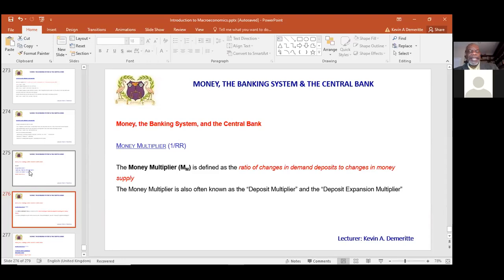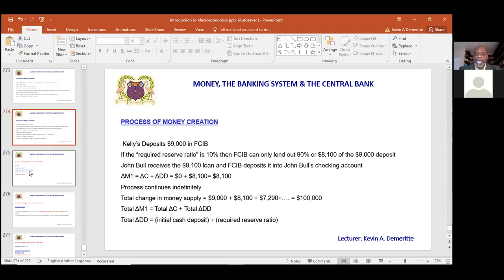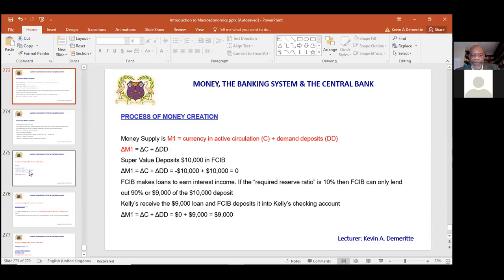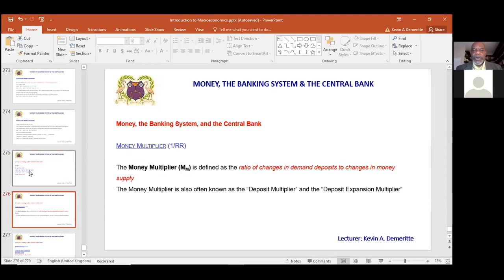What we saw previously was a change in demand deposits of 10,000. That was the original deposit from SuperValue. When it sold groceries, it deposited that 10,000 into its checking account. So we saw a $10,000 change in demand deposits change into $100,000 in the money supply.